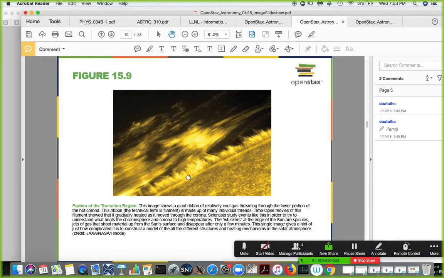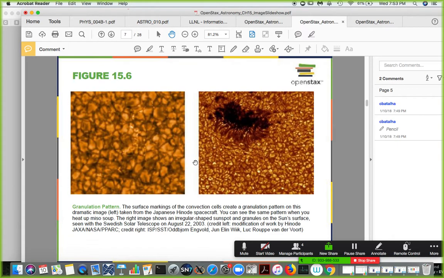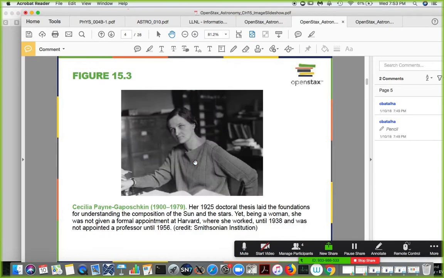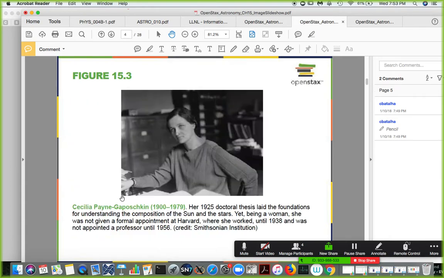These regions called spicules, all of them are controlled by the sun's magnetic activity. See this beautiful prominence here, this arch, the result of magnetism in the sun that confines the gas in it.